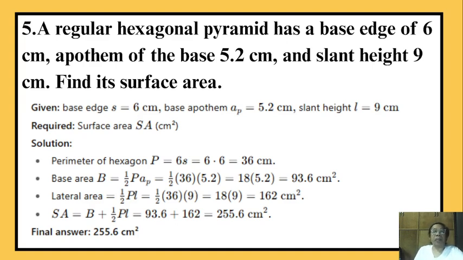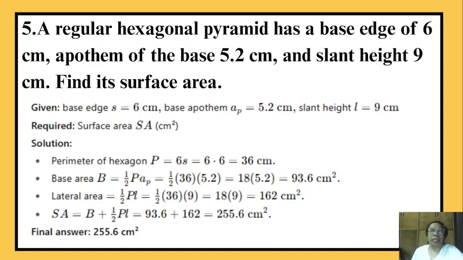The area of the base, we have 1 half the perimeter times the apothem. The apothem is actually the height of the 6 triangles that can be drawn from the hexagon.